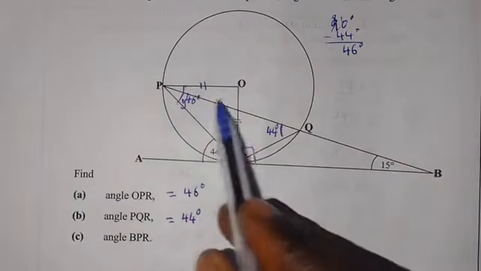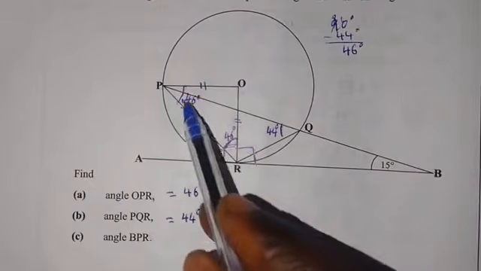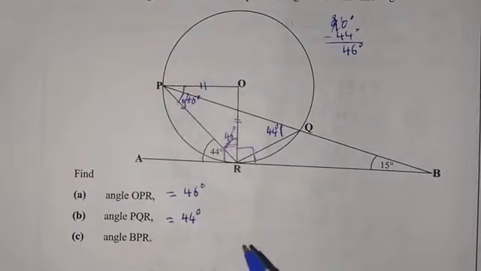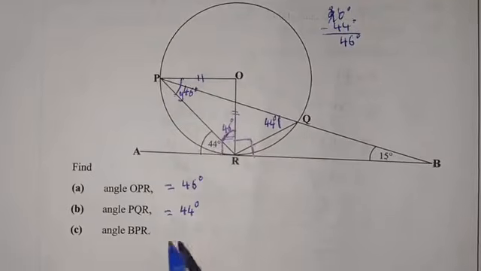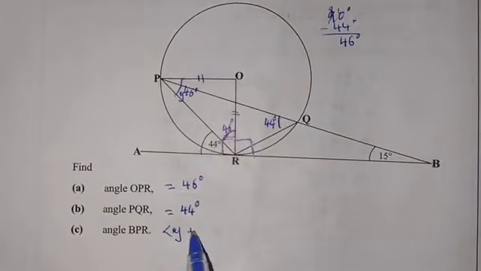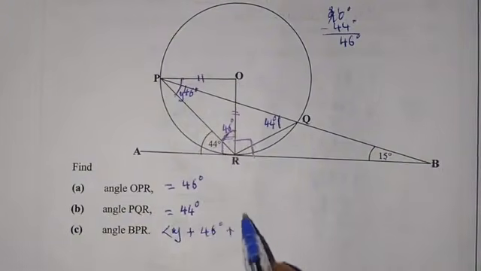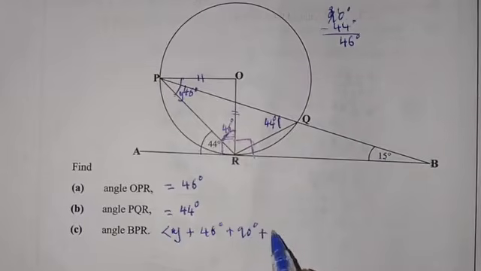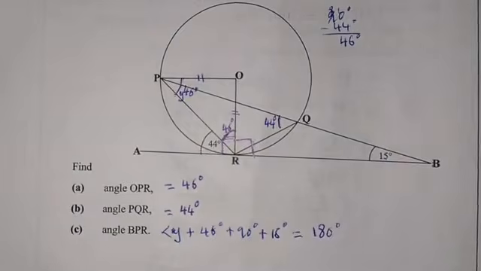Since this is a triangle, we can use the sum of angles in a triangle: Y plus 46 degrees, plus 90, plus 15 should give us 180 degrees.